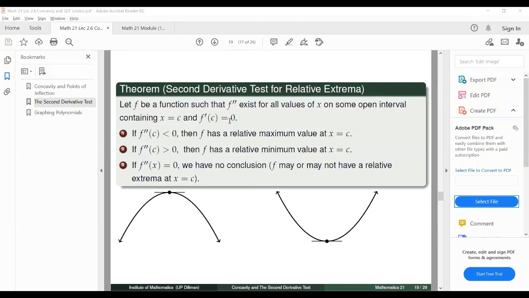So you cannot use the second derivative test for critical numbers which make f prime of x undefined.